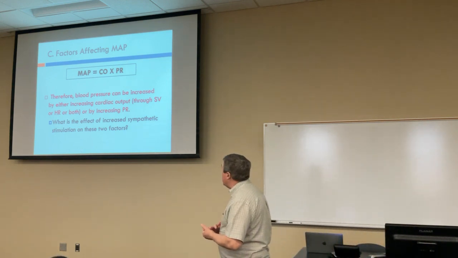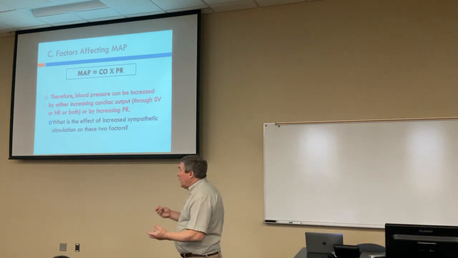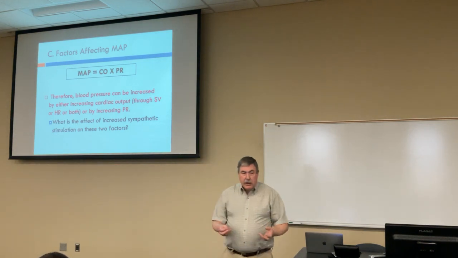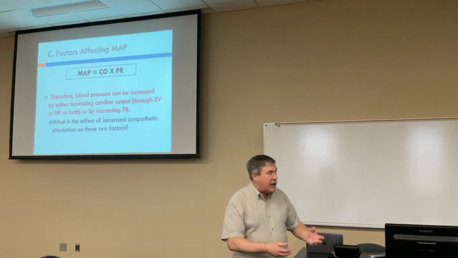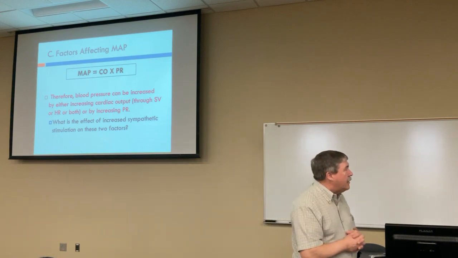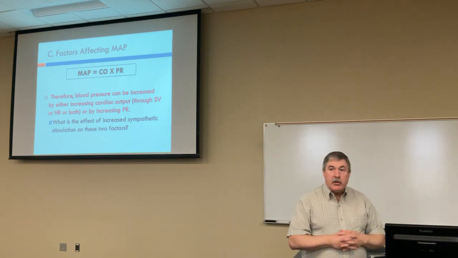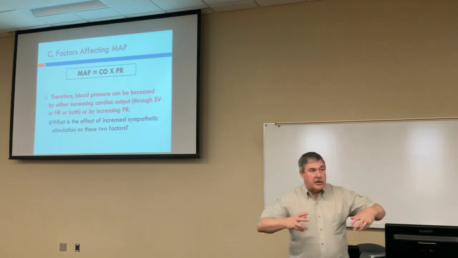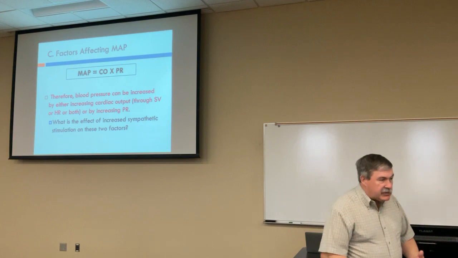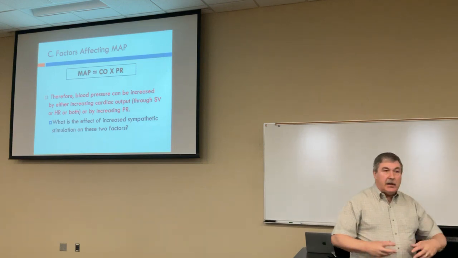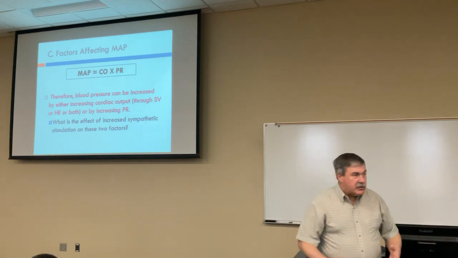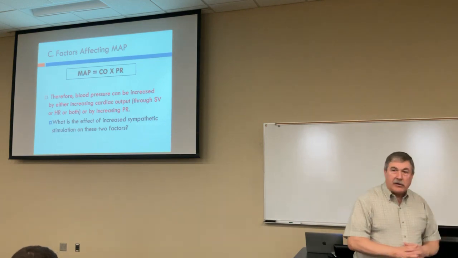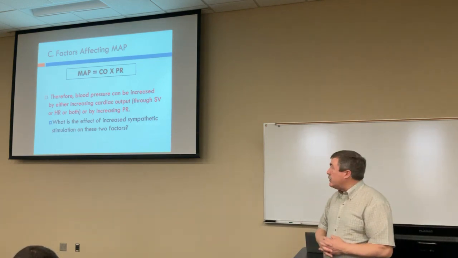Okay? So you can increase mean arterial pressure by either increasing cardiac output or by increasing peripheral resistance. Or if there's a great increase in demand for blood and you need an increase in blood pressure to meet that demand, you could increase both of those factors, both cardiac output and peripheral resistance.